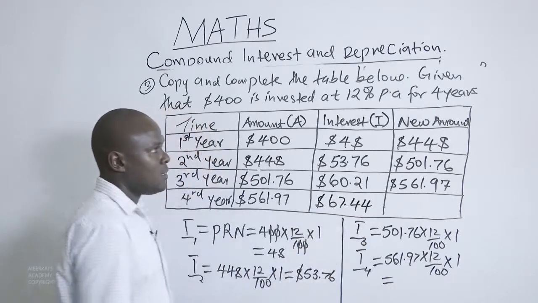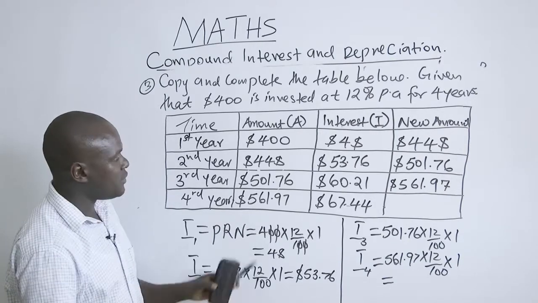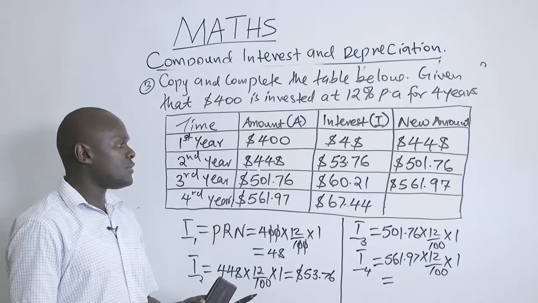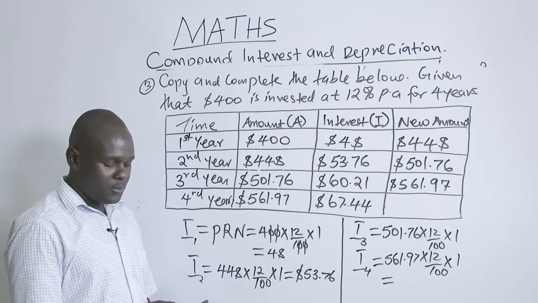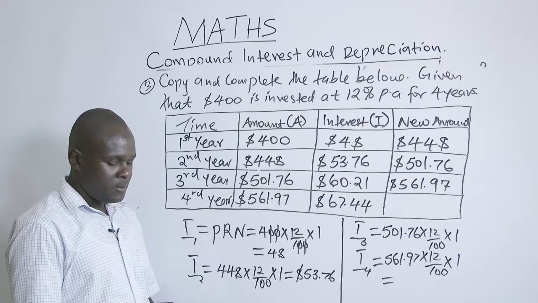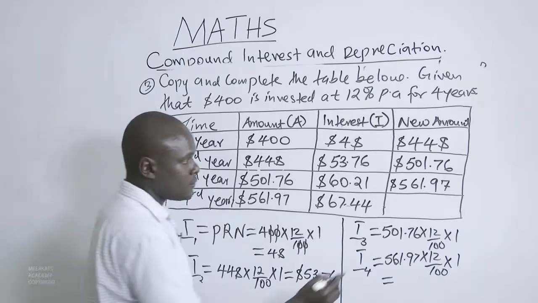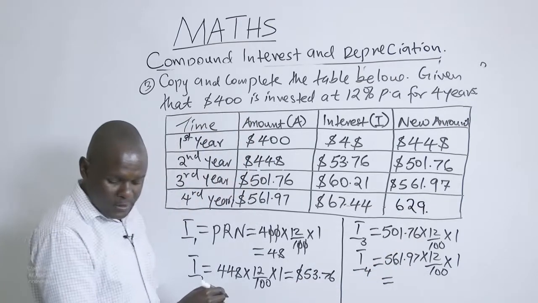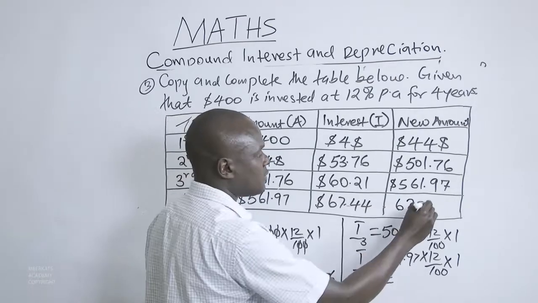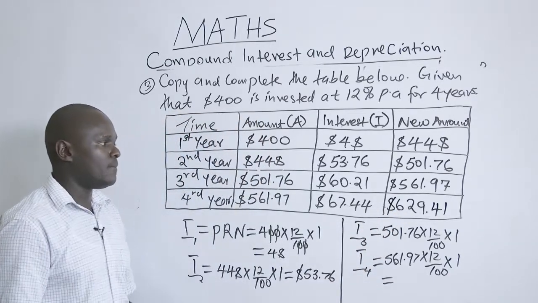And the new amount in the account will be the sum of 561.97 plus 67.44, and this will give us $629.41. I have just rounded that to the nearest dollar.